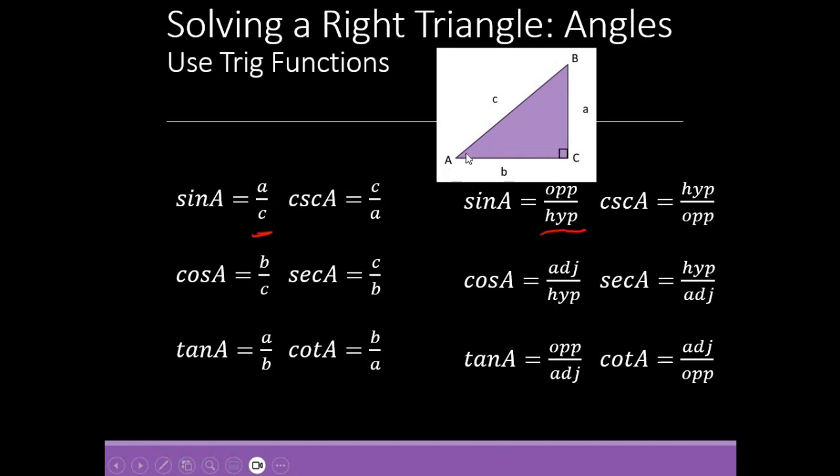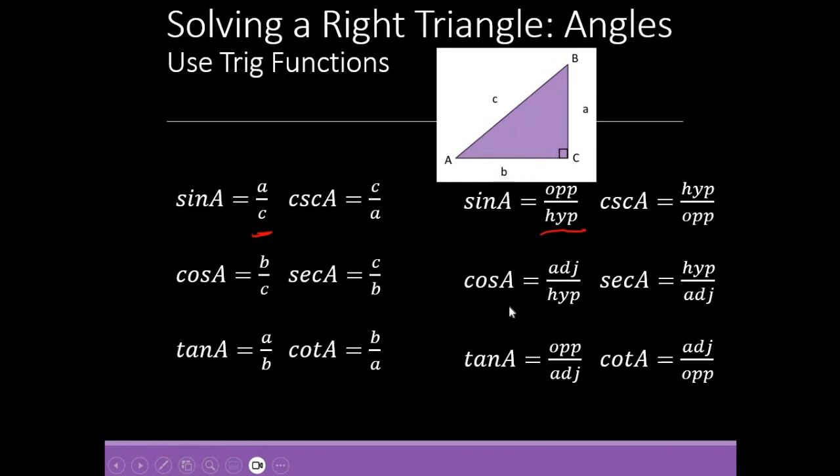Well, there are two lines that are adjacent to A, but we know that this one, C, is called the hypotenuse. So it already has a name. So it's not C, it's B. So B is adjacent, and C is our hypotenuse.